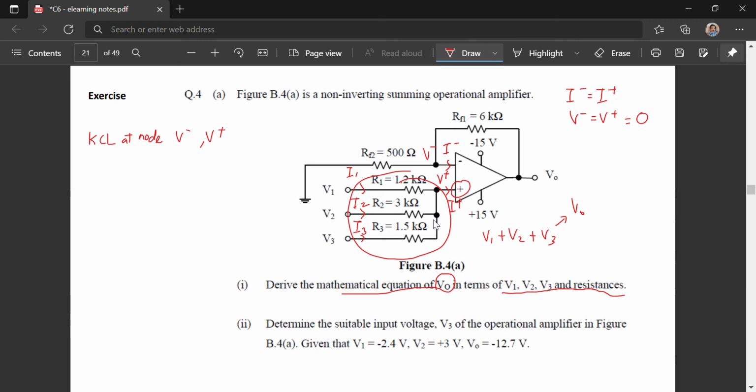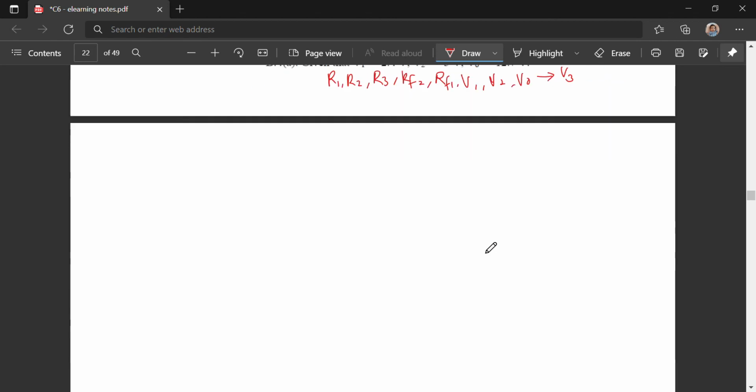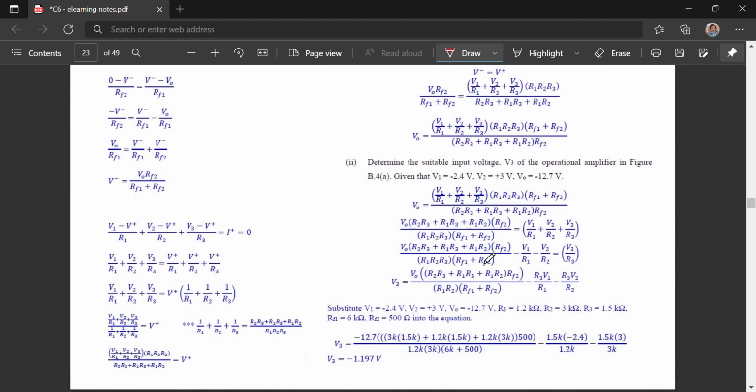And then for question number 2, it gives you the values for V1, V2 and V out, but you need to determine how much is V3. In question number 2, you need to replace the R1, R2, R3, RF2, RF1, V1, V2, V out, and then find V3. I have written the answer over here.